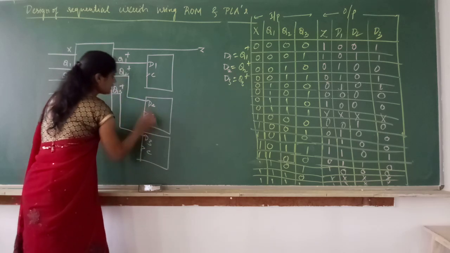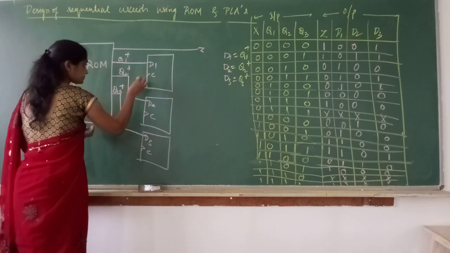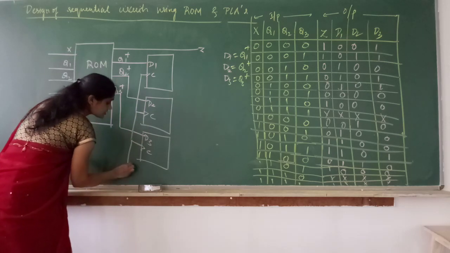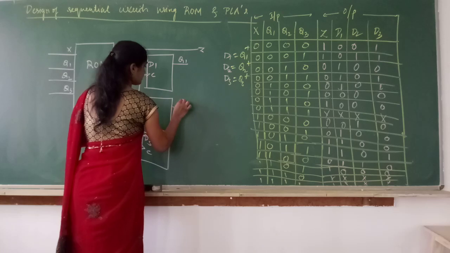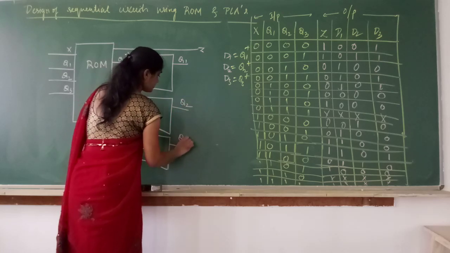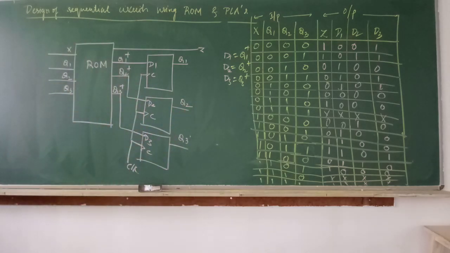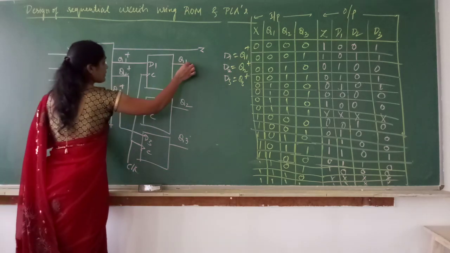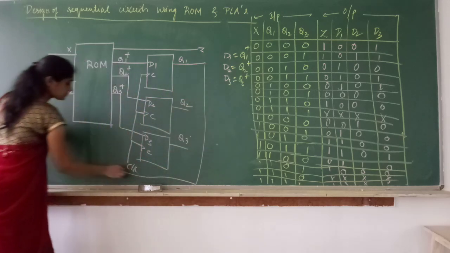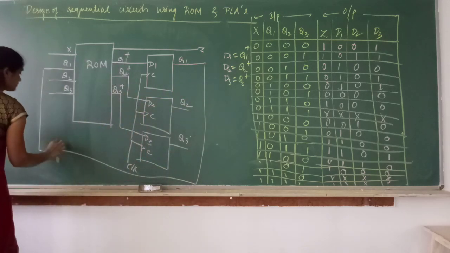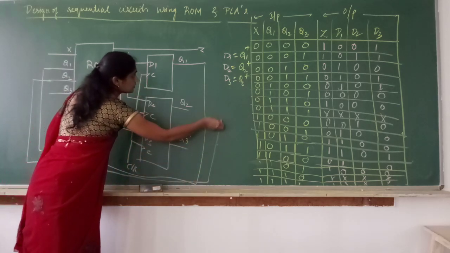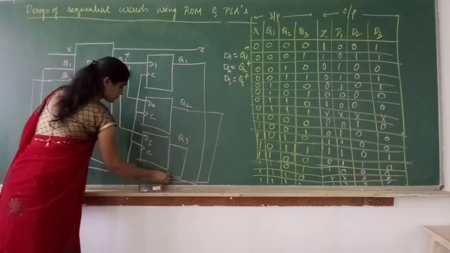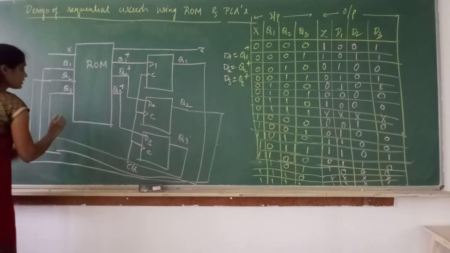Clock is given directly to all the D flip-flops. The outputs will be Q1, Q2, Q3, and Z is taken directly. These are given back to the ROM as Q1, Q2, and Q3.